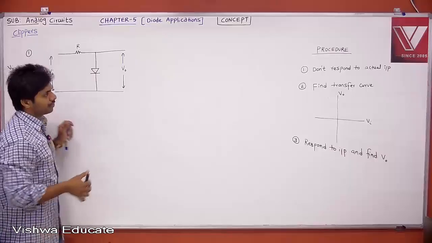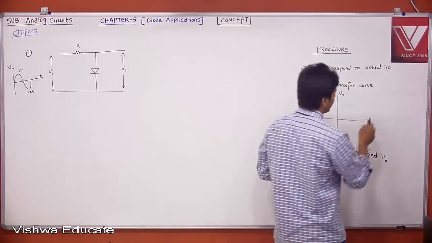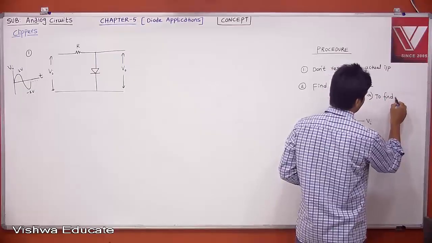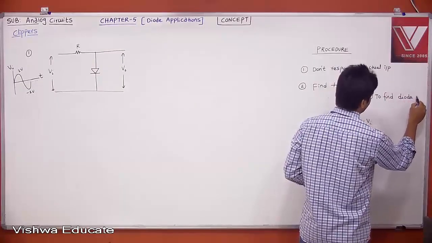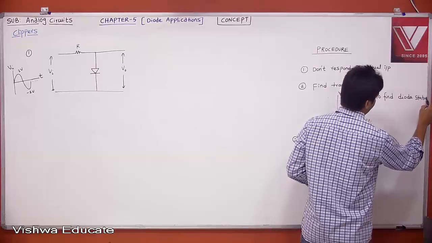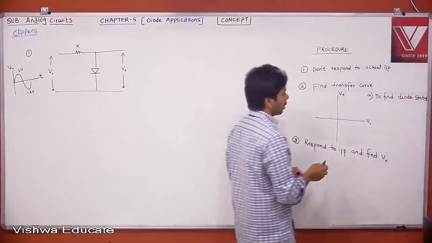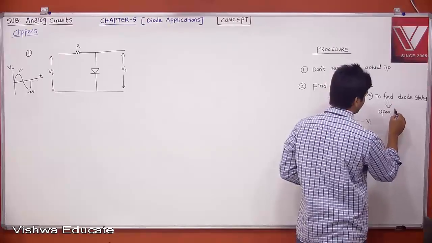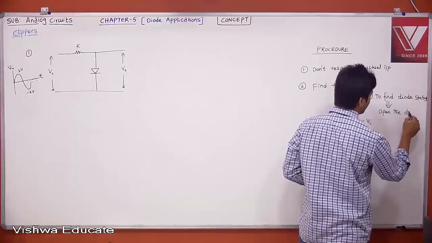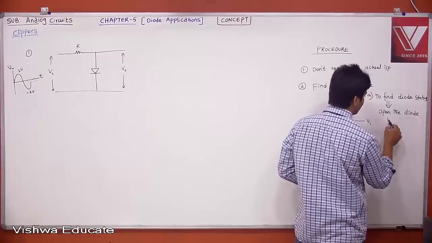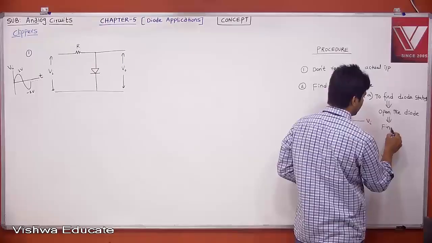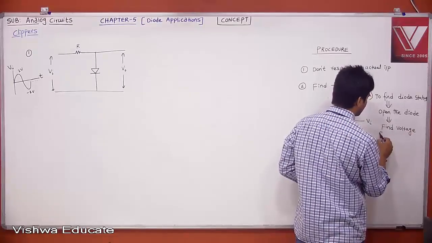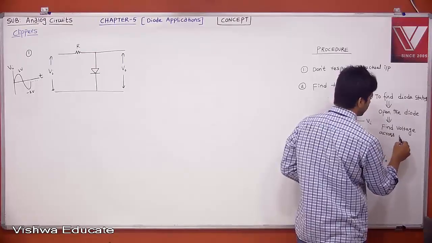Again, to find the diode status, there are sub-steps. The technique is to open the diode. After opening the diode, find the voltage across the open terminals.